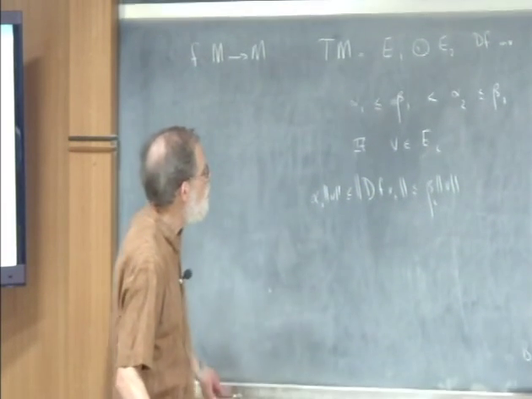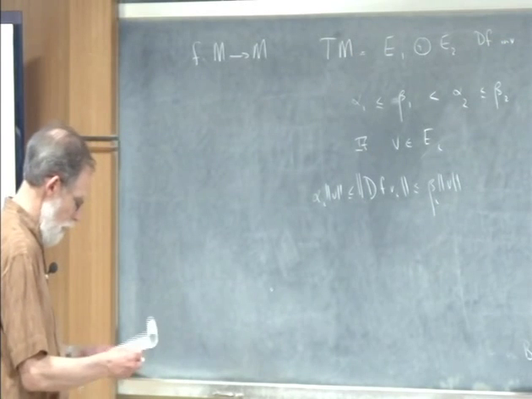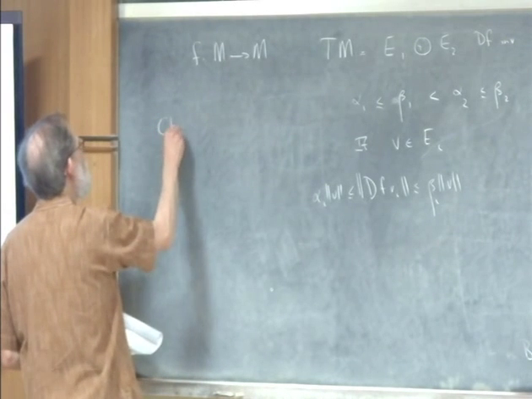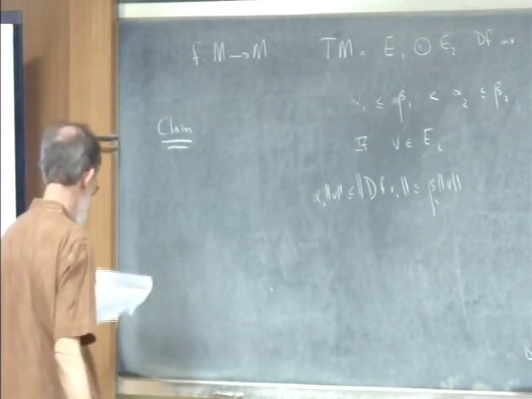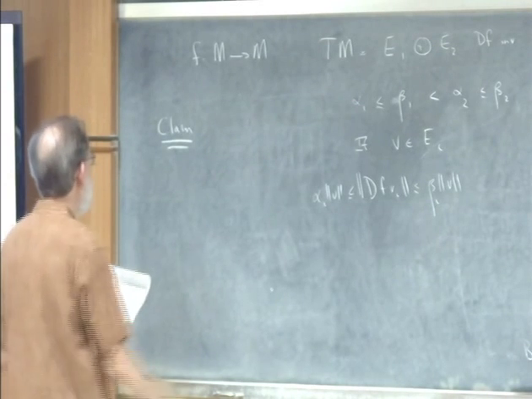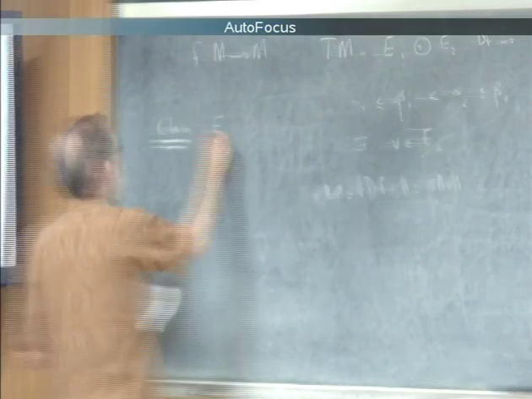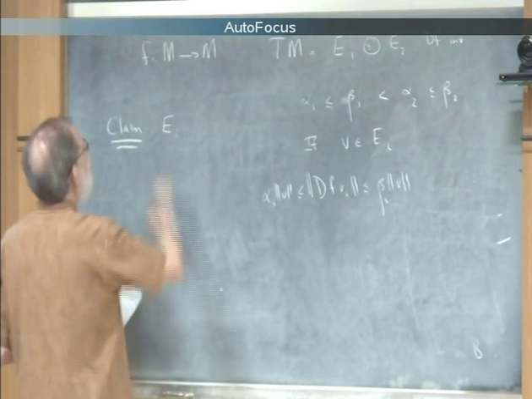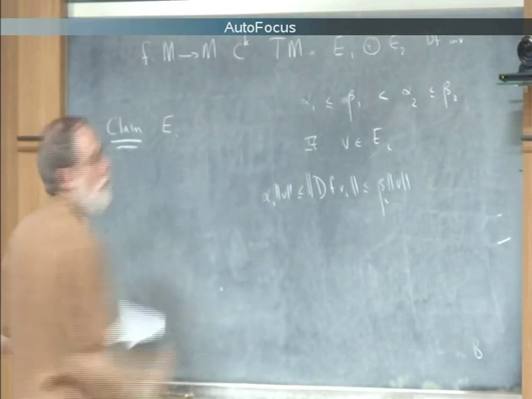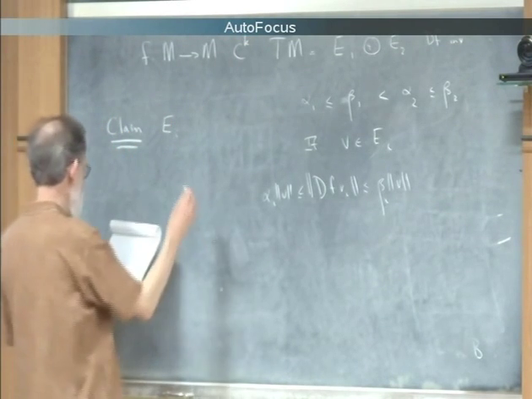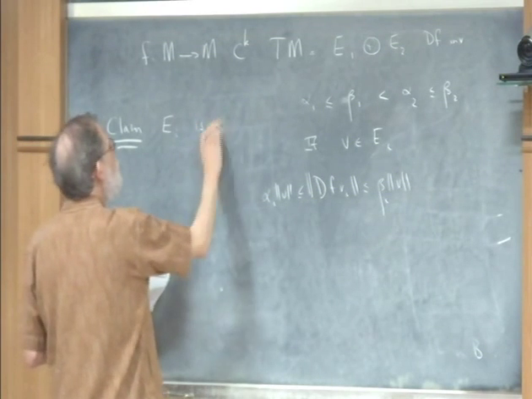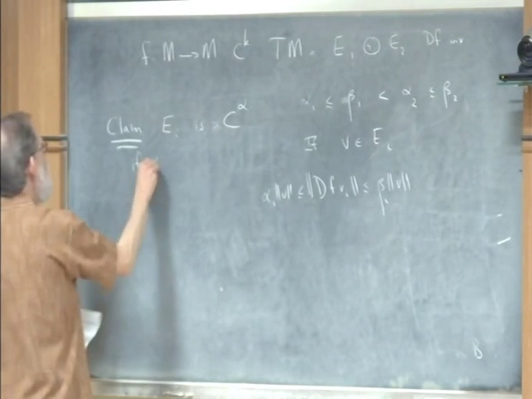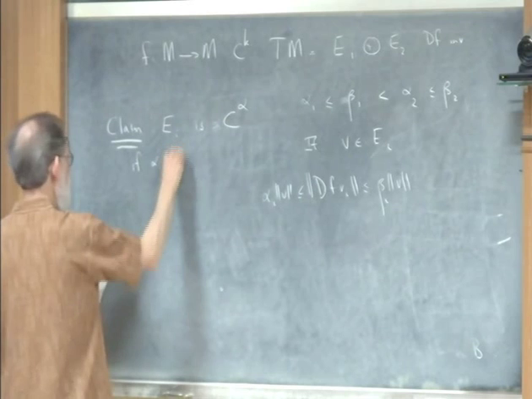Yeah, so I have set it up like that, and now the claim is that we'll assume that F is C^k, and I claim that E^i is alpha-tilde continuous if alpha is less than k minus 1.